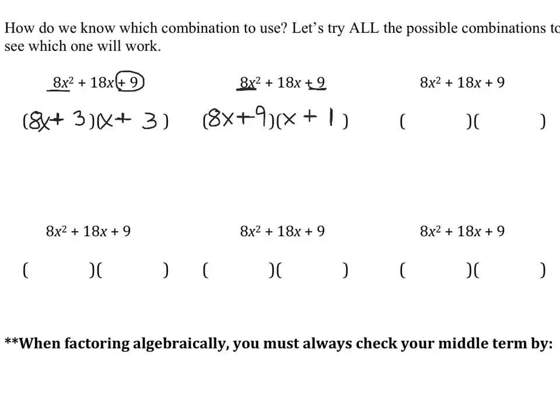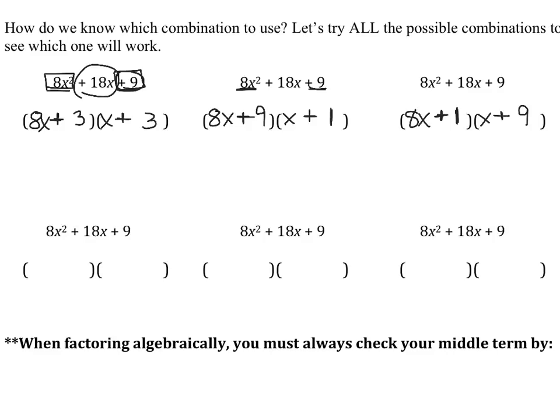Well, then the other way I could do it is 8x and x with 1 here and 9 here, right? So now let's go through. We don't have to check our first terms and our last terms because we know that 8x times x is 8x squared and 3 times 3 is 9. And that's true in all of these cases. But what we need to figure out is, does the middle give me 18x?